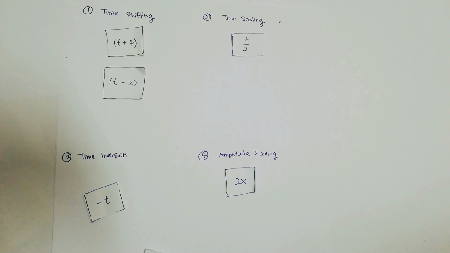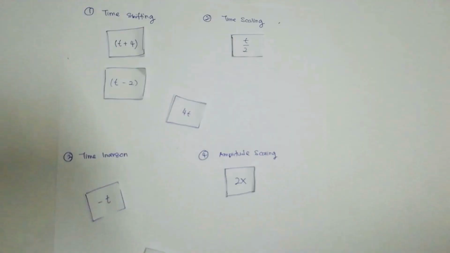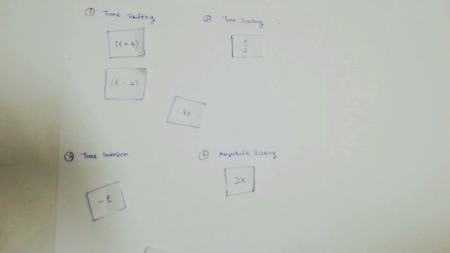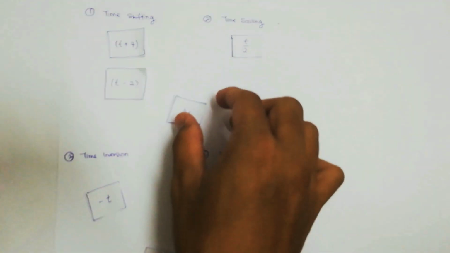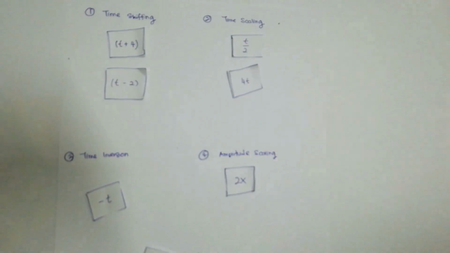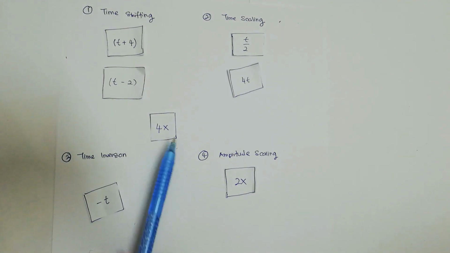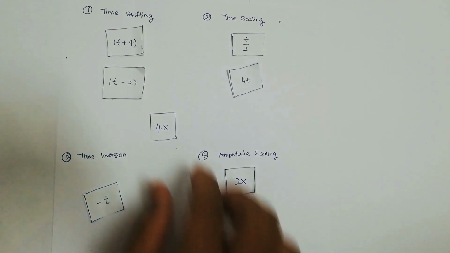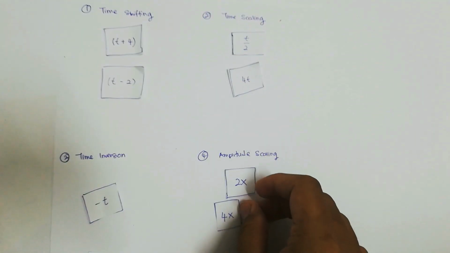Here we have 4t. How about this one? Try to guess it. 4t means this one is a time scaling system. And how about this one? 4x. I think you should already know this is an amplitude scaling system.